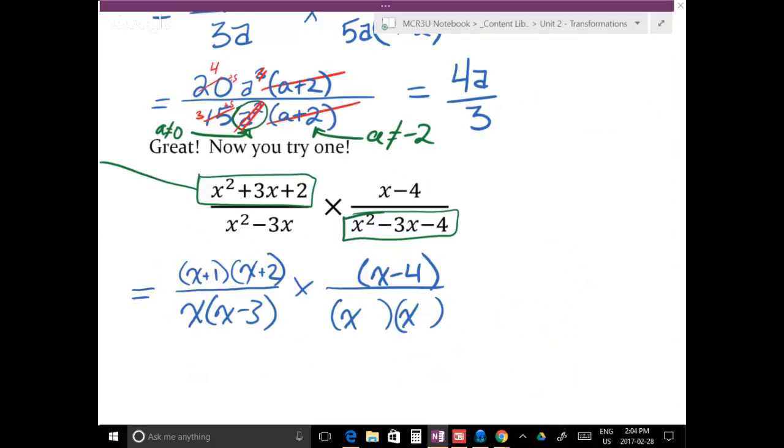Let's see. Hold on. You can do that. It does work. It's not easy, but it does work.